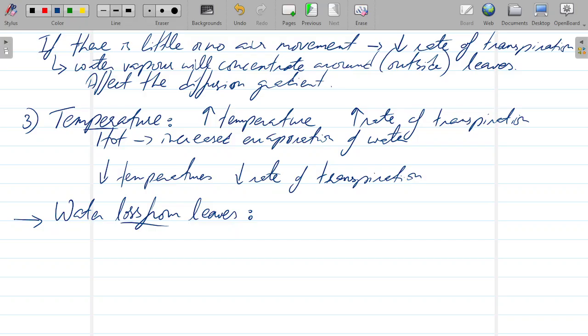And so you can imagine that the temperature of the leaves gets really high because they're constantly facing the sun in the summer. And so the loss of water helps to cool them down, and that's very important because life can be sustained within a certain temperature range.